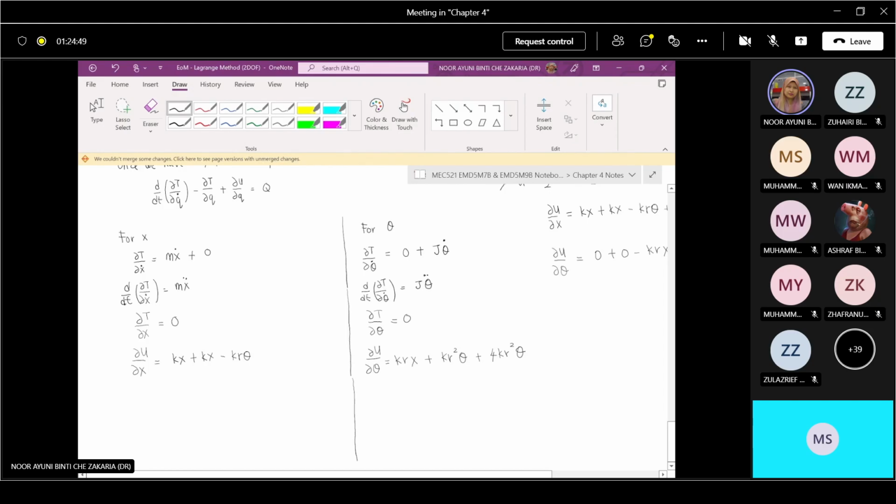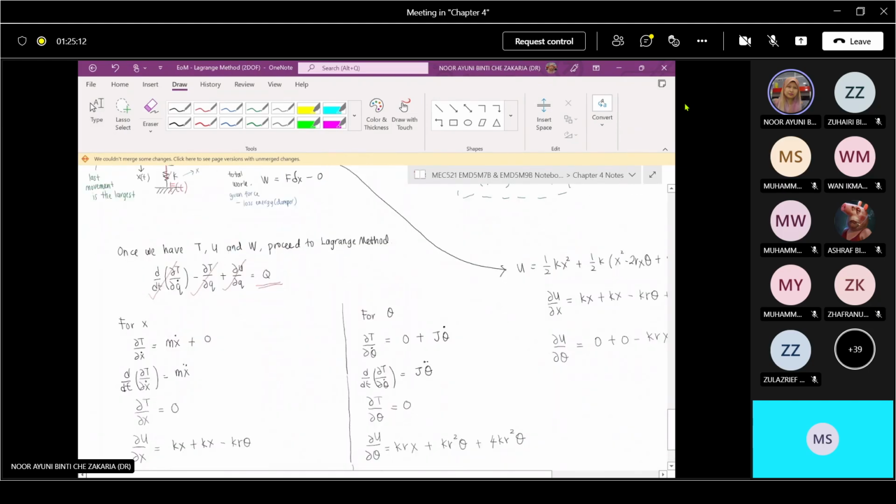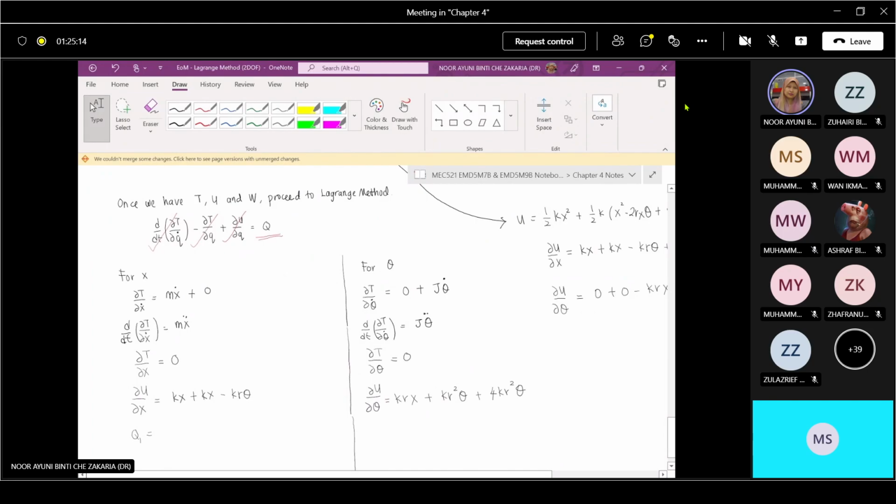What else? So we have done this one, and leaving as the Q. Q1 for X. Apa equation Q tadi? Q is partial derivative of total work against the displacement.